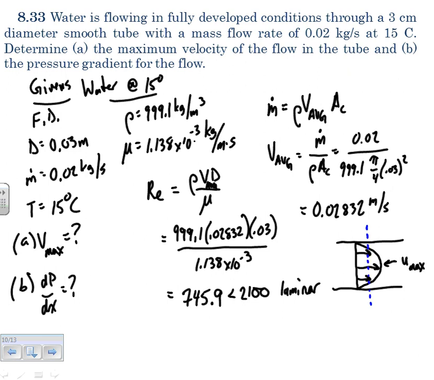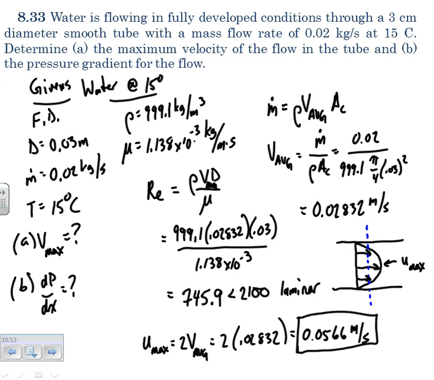So this is the average value drawn in blue. It's half of what the maximum is. All right, so then I know Umax is equal to twice the average velocity. So that's 2 times 0.02832, and that is equal to 0.0566 meters per second.